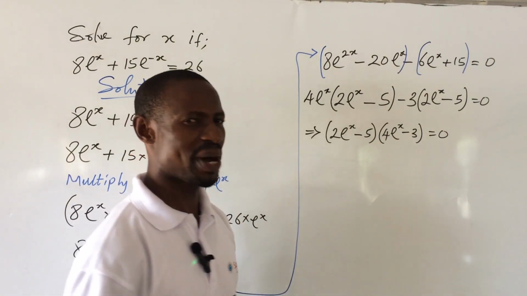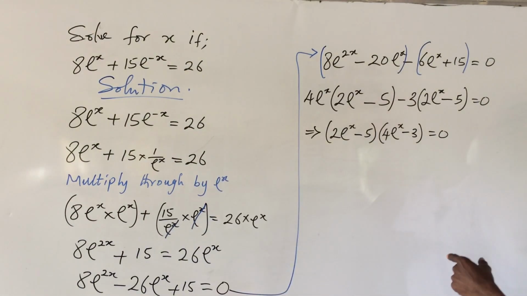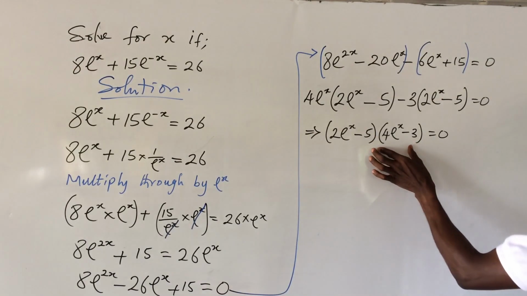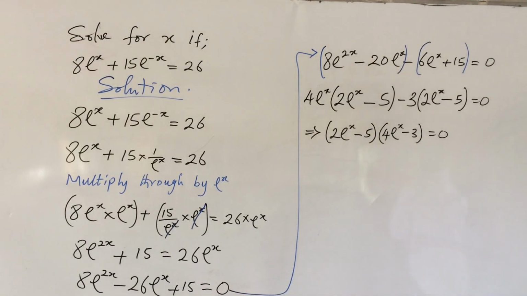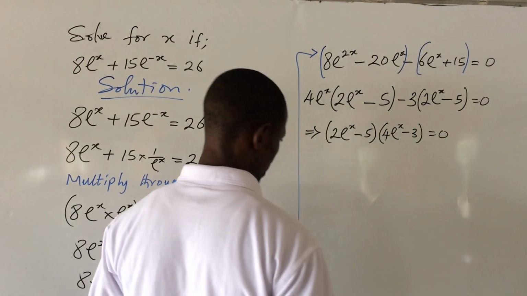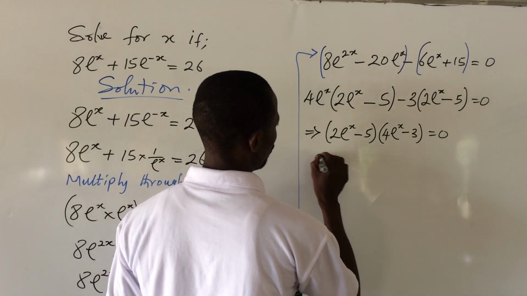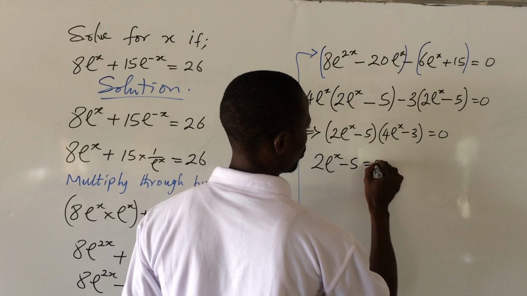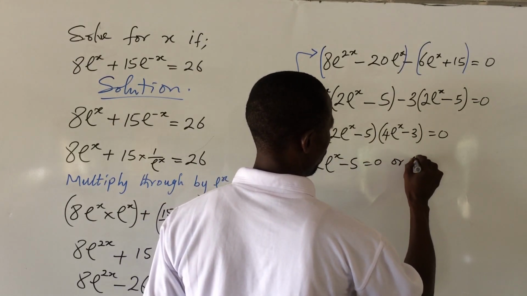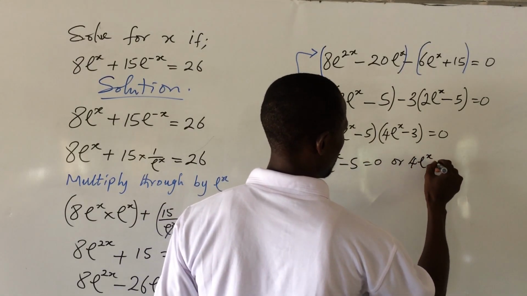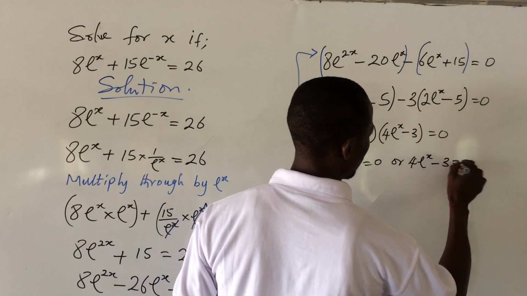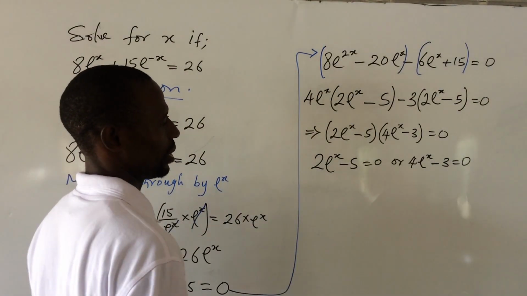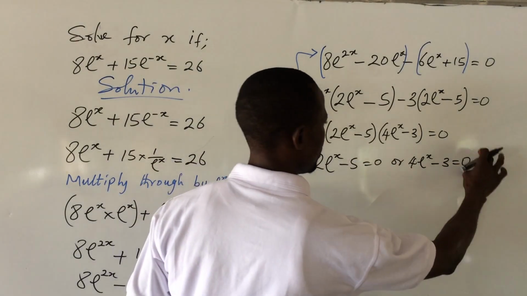Okay, so let's go back to the board. Now that we have this, we equate the first bracket to 0, and equate the second bracket to 0. So if we do that, this will now give us 2eˣ - 5 = 0 or 4eˣ - 3 = 0. Very good. Collecting your items, send this to this side, send this to this.